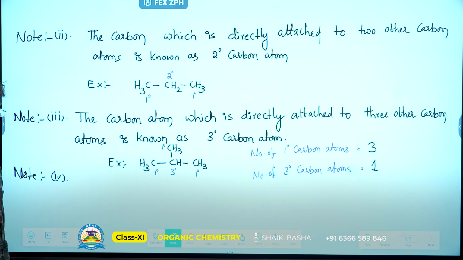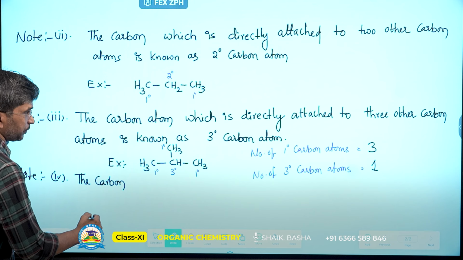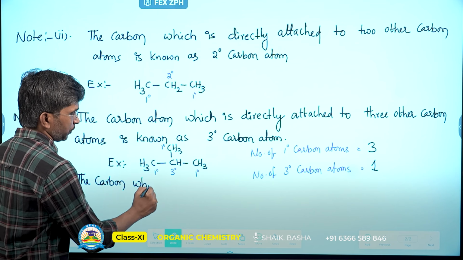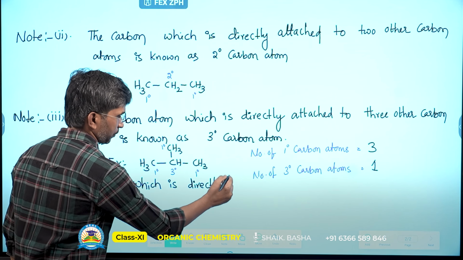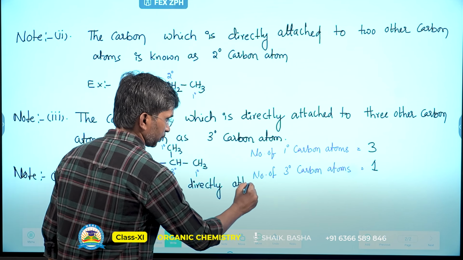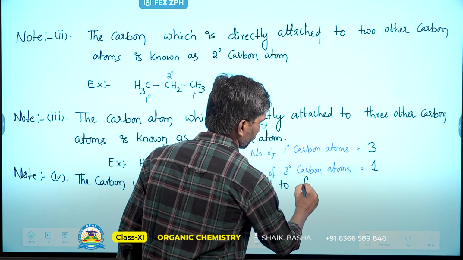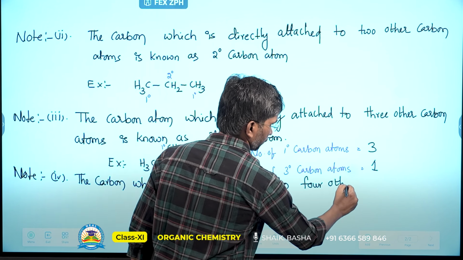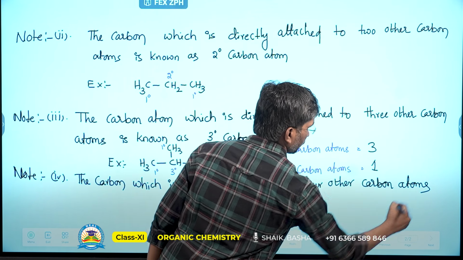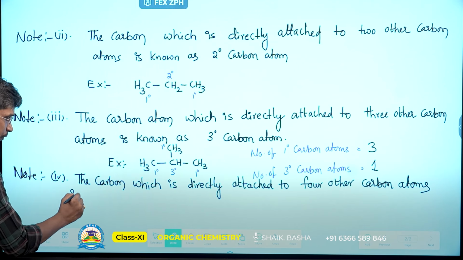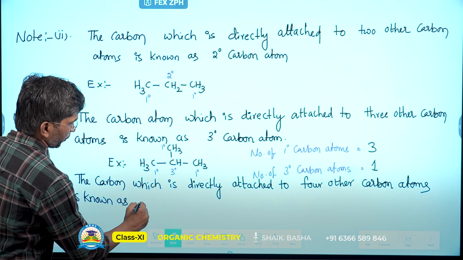Regarding quaternary carbon atom, the carbon which is directly attached to four other carbon atoms is known as quaternary carbon.